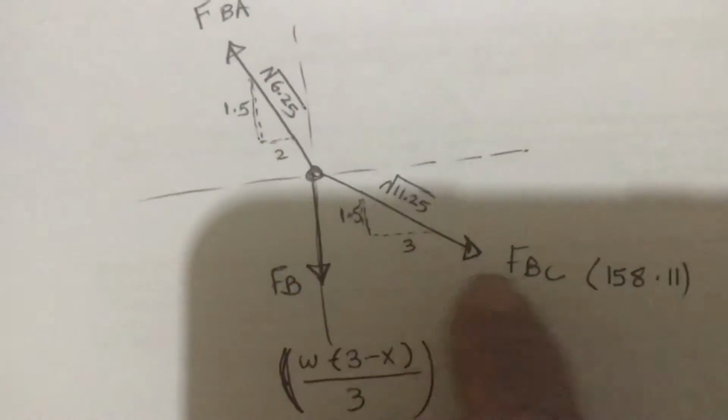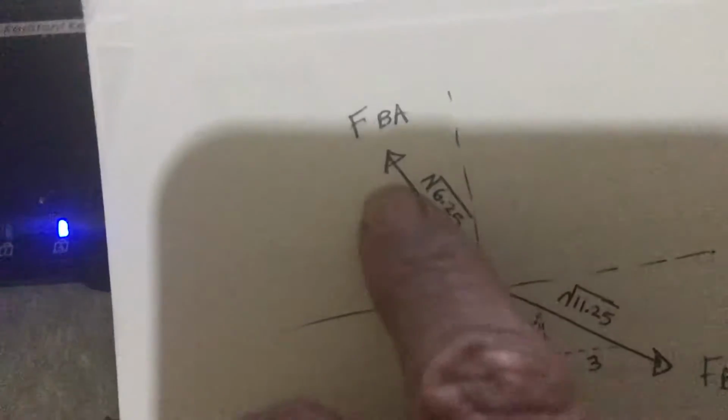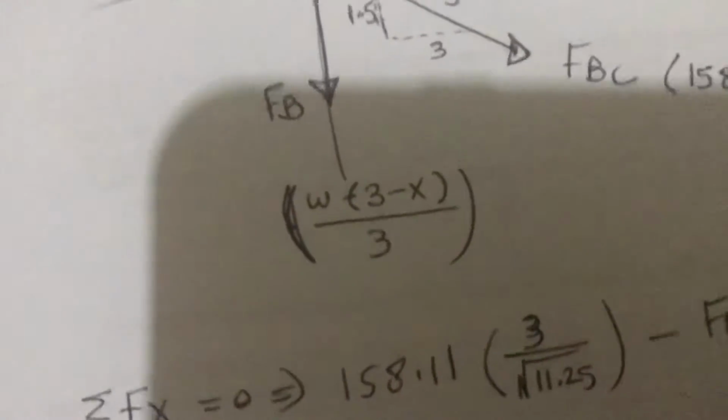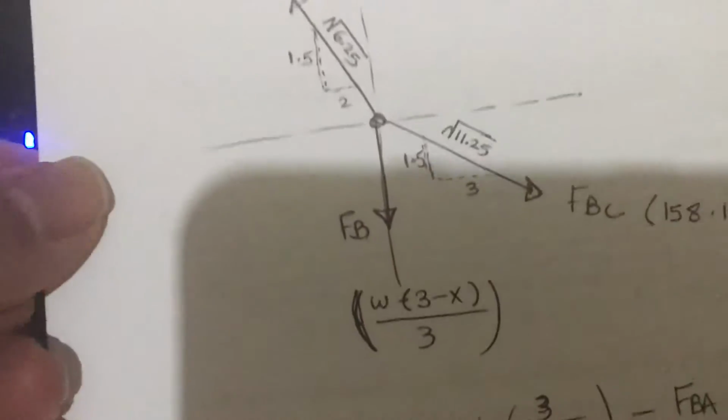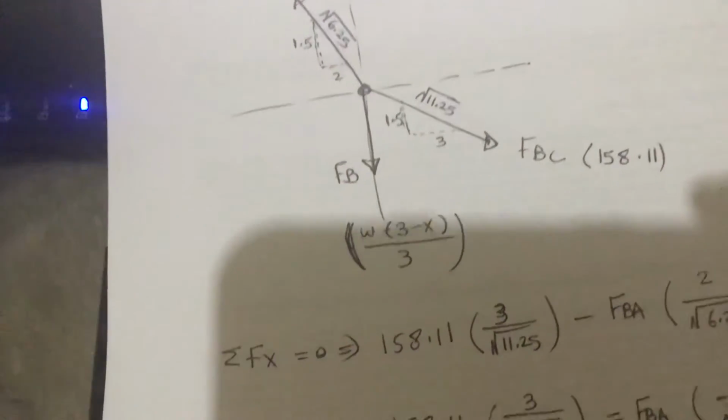So we found FBC before. FBC is 158.11. And now we want to find FBA, and we know FB is equal to W times 3 minus X over 3, so we're going to put W over 3 times 3 minus X. So let's do summation of forces in the X and in the Y equal to 0.